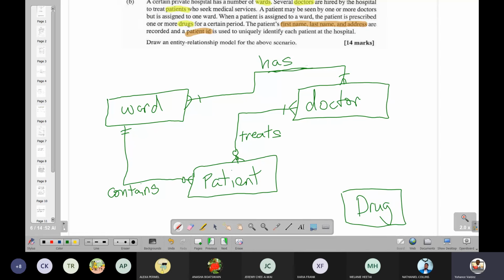All right. And of course, a patient, they said here, a patient may be prescribed one or more drugs. So a patient doesn't have to be given any drugs, eh? So a patient could actually have 0 or more drugs, right?